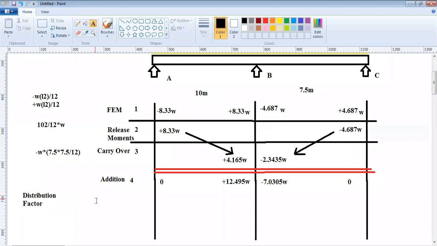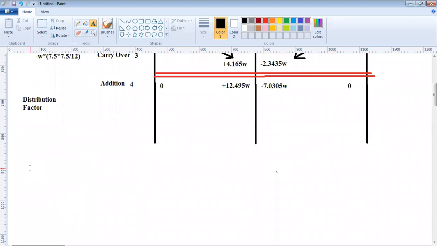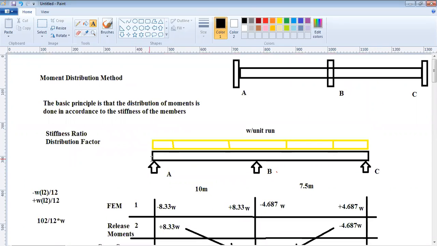By a distribution factor, what do we mean? How did we calculate this? We calculated this last time around through the stiffness factor. Now, how do we know the stiffness factor of this beam?